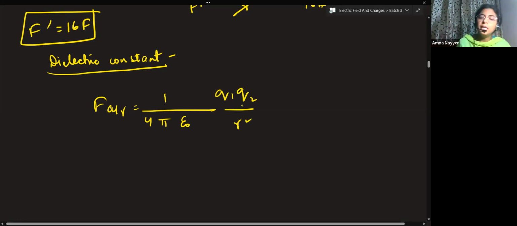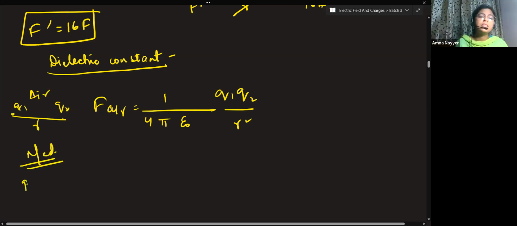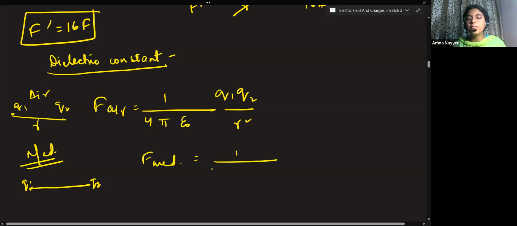Now, if you shift the medium, if there is some other medium, these charges are initially Q1 and Q2, with a certain separation R in air. Now another medium is taken. So now the force in the medium will become 1 by 4 pi epsilon Q1 Q2 divided by R square.